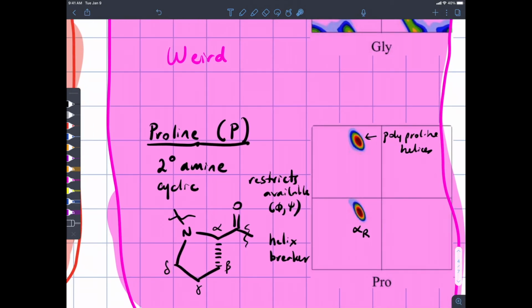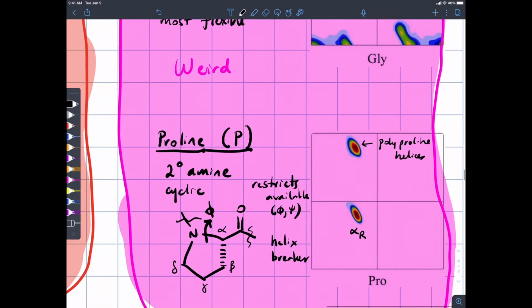Yes, look at proline. This is an amino acid where the side chain actually ties back to the amide nitrogen. So this is a ring. And what that means is that the values of phi for proline are restricted. There are some it can't get to because you can't break the ring.